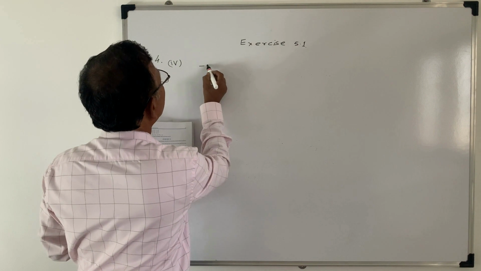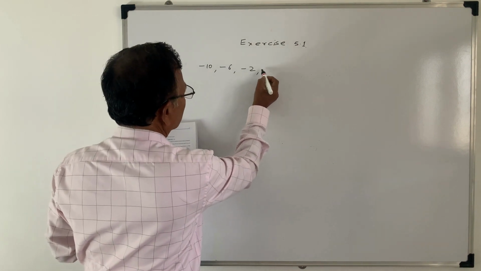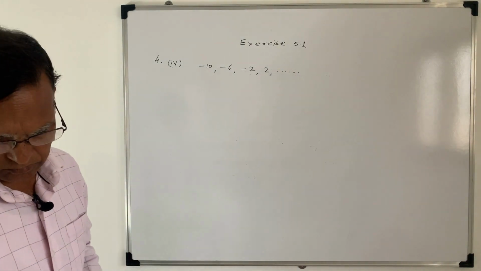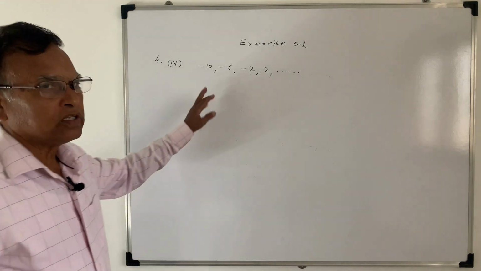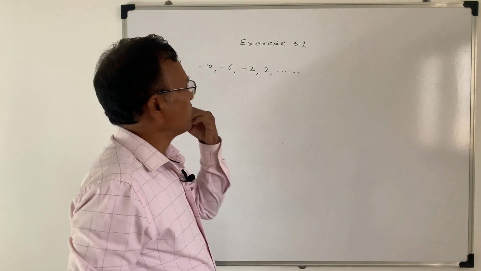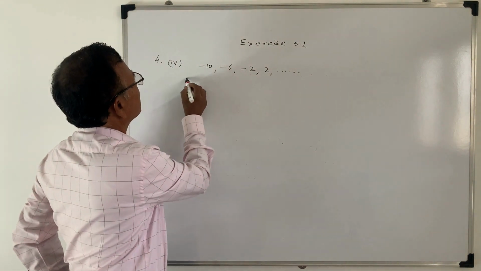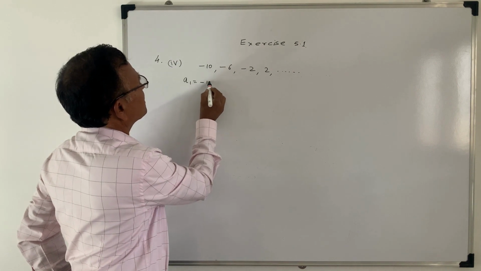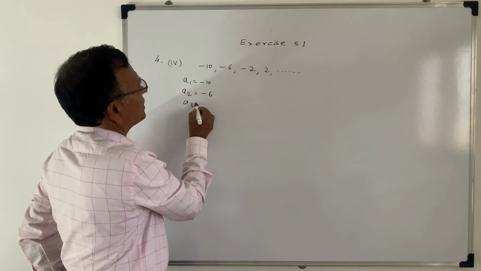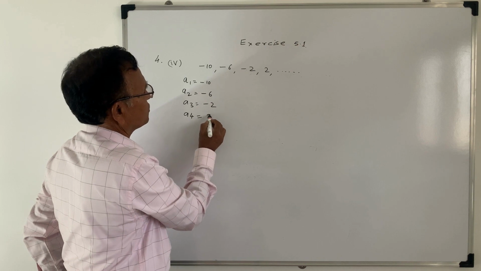Fourth one is given minus 10, minus 6, minus 2, 2 and so on. So here A1 is minus 10, A2 is minus 6, A3 is minus 2, A4 is 2.